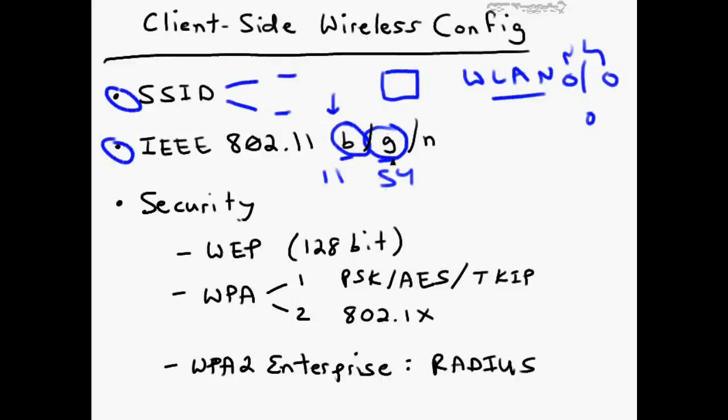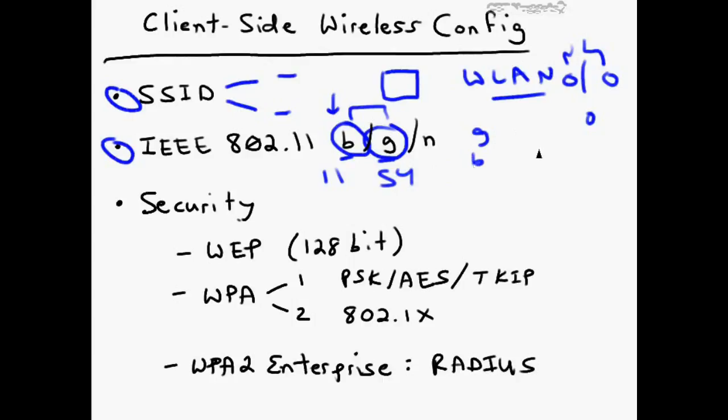G is the de facto standard. What's cool about B and G is that they're compatible with each other. They both operate on the same frequency, and so some networks will do B/G, such that clients are connecting G, but then if you have an old computer show up with a really antiquated wireless card, that person can access using the older B protocol.